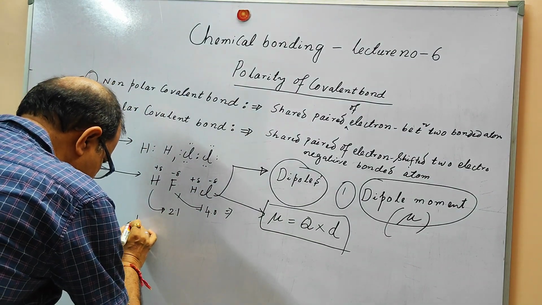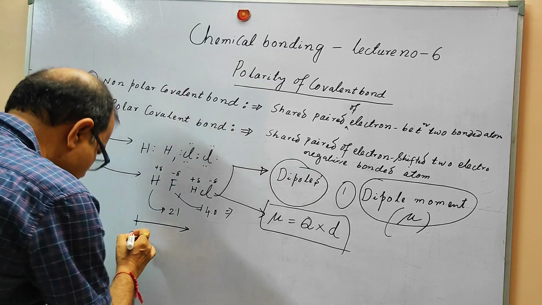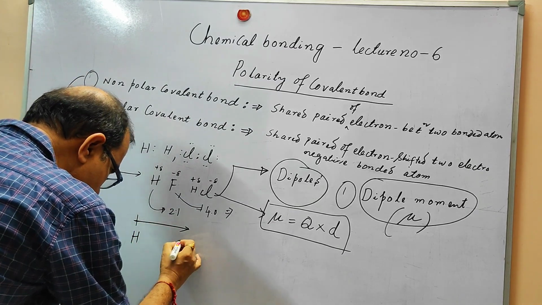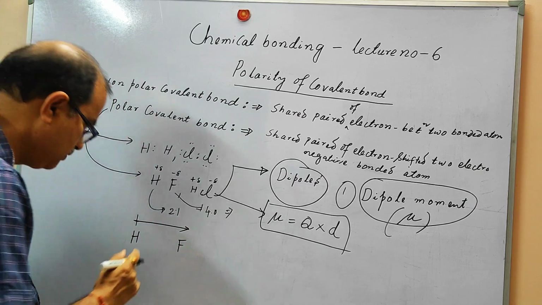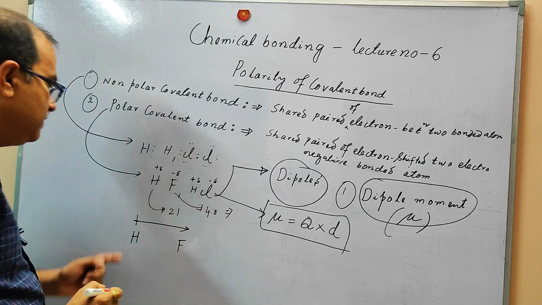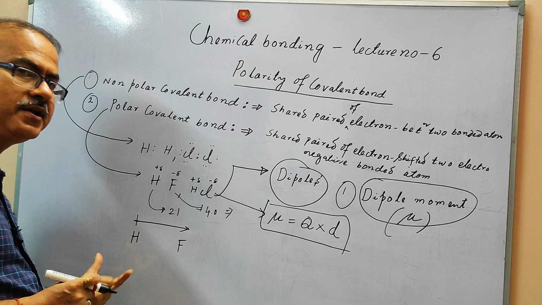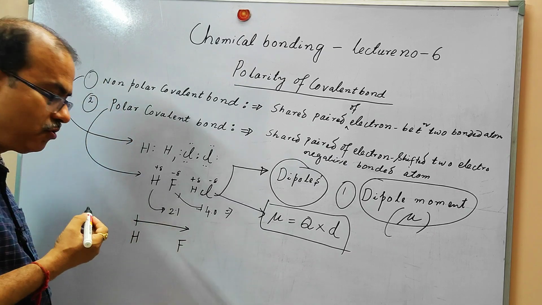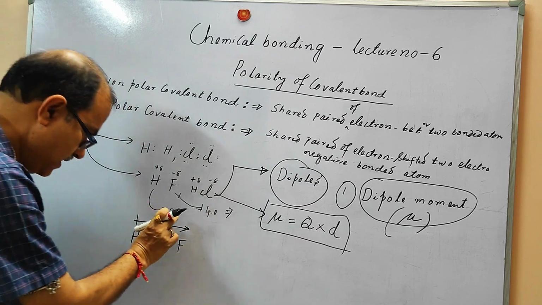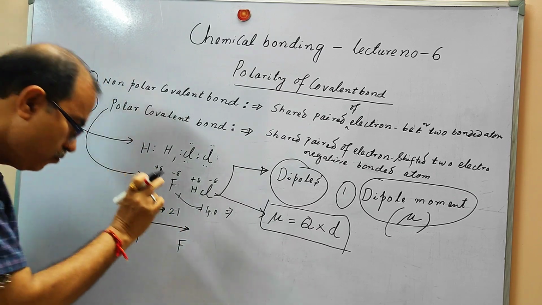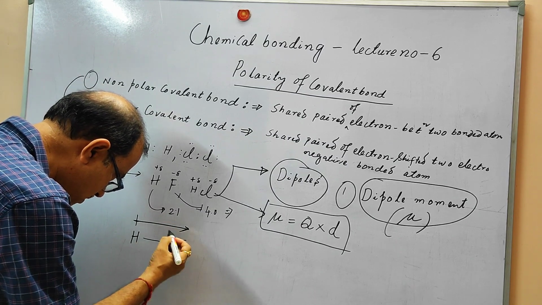Crossed arrow means this is the crossed arrow, and this crossed arrow has been put on the molecules having the dipoles. Here you will see the crossed side of this arrow has been put on the positive side of these atoms, and the head portion of this arrow will be put on the negative side of this element.